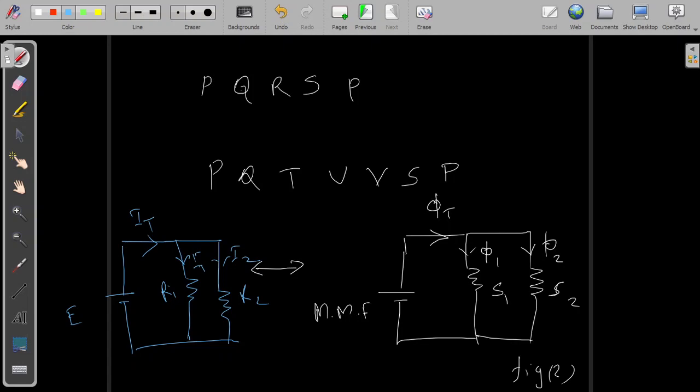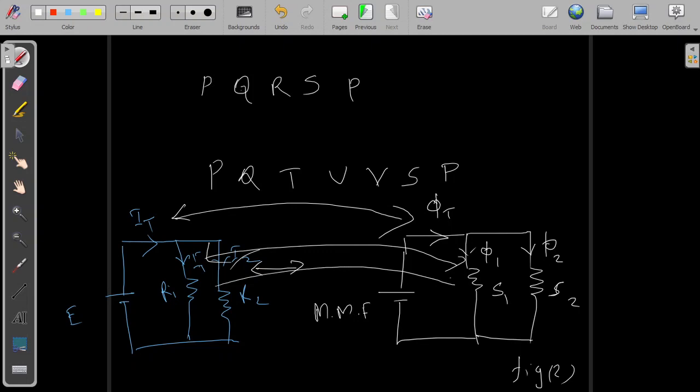So we have this analogous transformation: IT is transformed to phi t, I1 to phi 1, and resistances R1, R2 to reluctances S1 and S2.